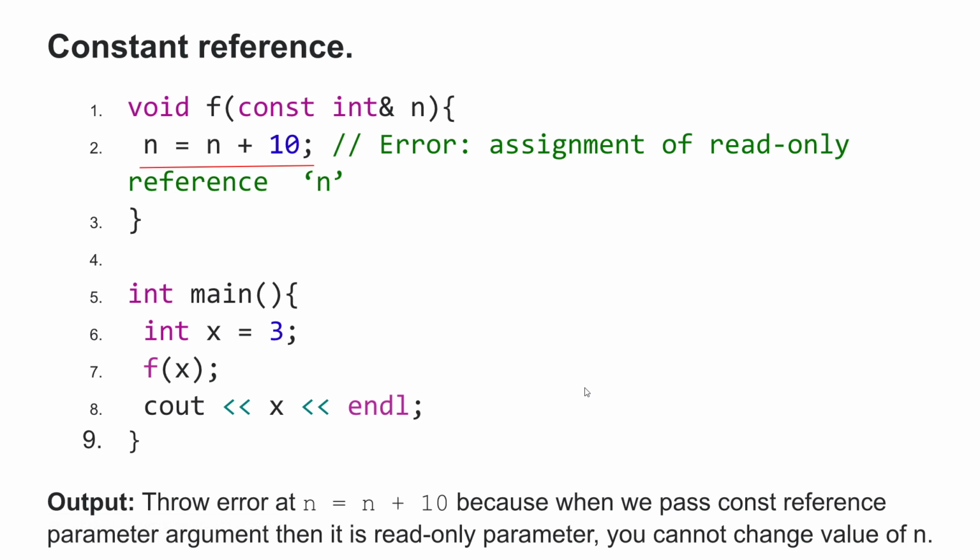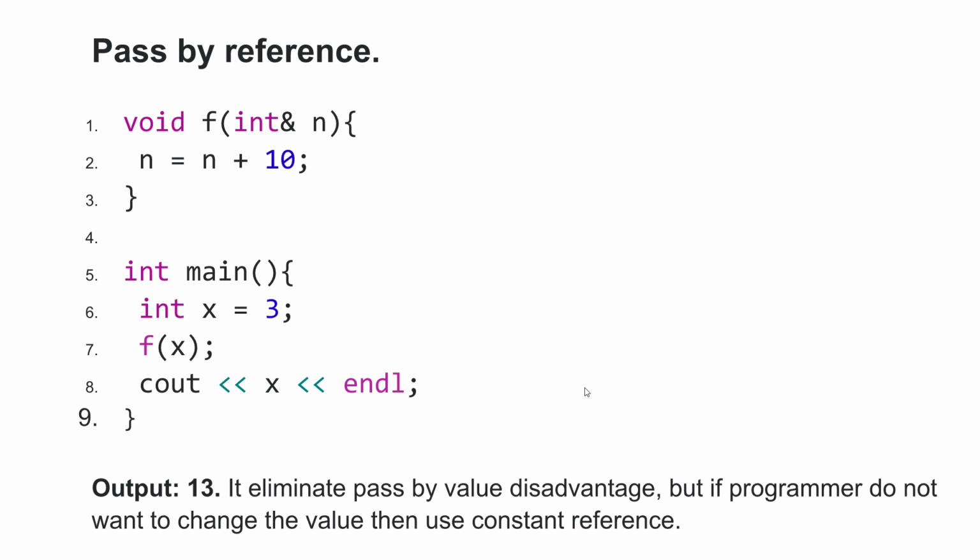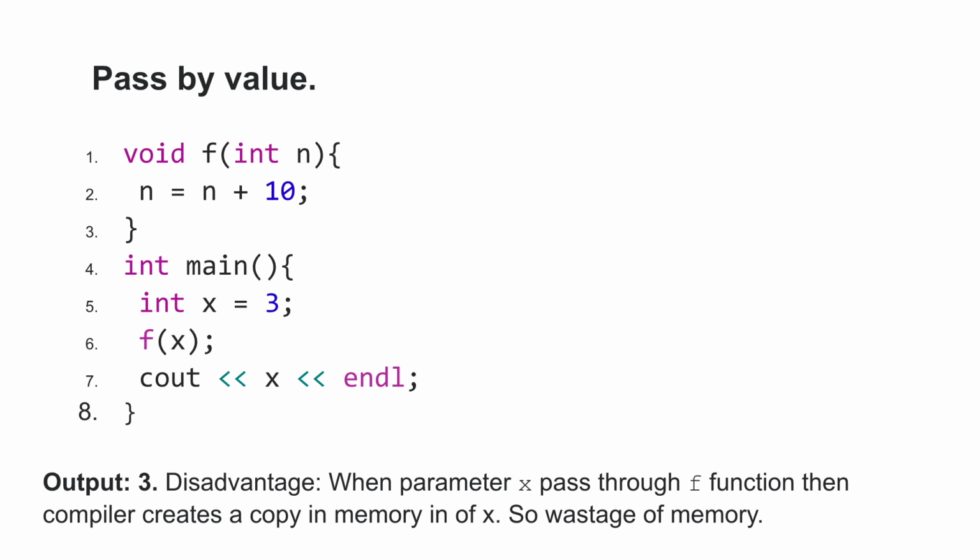If you need to do some changes, you need to use pass by reference. When you pass an ampersand without the const keyword, you're able to change your value if you need it. But if you're passing only the variable, it is better to use the const reference. Using pass by value is also sometimes okay, because if you have computers which can hold a lot of memory, it's not a big deal.